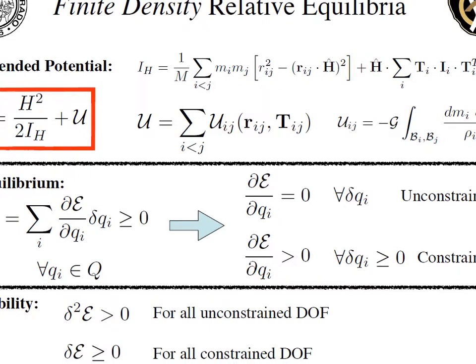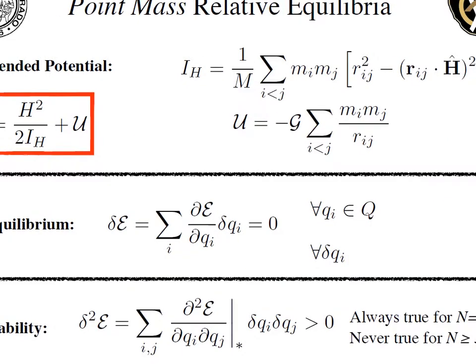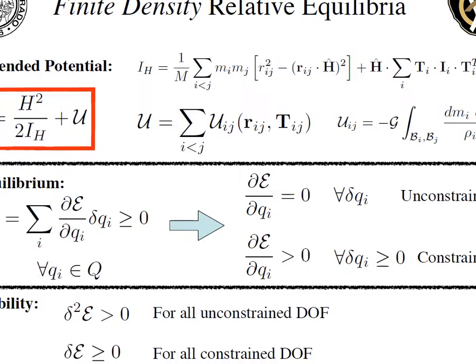So for the finite density case, we really get to keep many of the same elements. The amended potential, the moment of inertia is just modified by now including the rotational moments of inertia as well, mapped into the appropriate space. The mutual potential is now generalized to an integral over these potentially complex shapes.